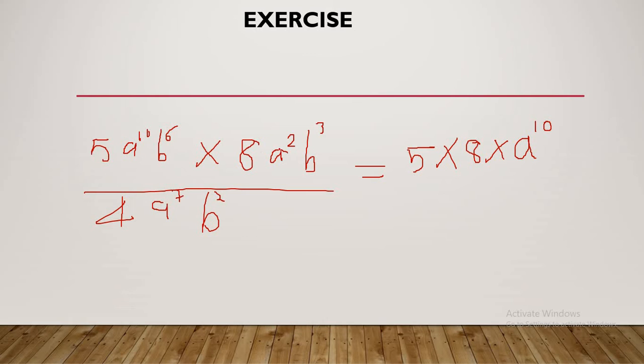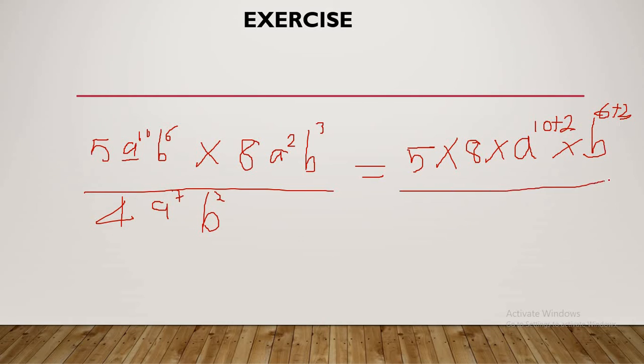This is a raised to the power 10 and a raised to the power 2. So we add the powers, right? Because the bases are equal. Plus 2, right? And then b, since the bases are equal, we also add the powers. B raised to the power 6 plus 3, right?